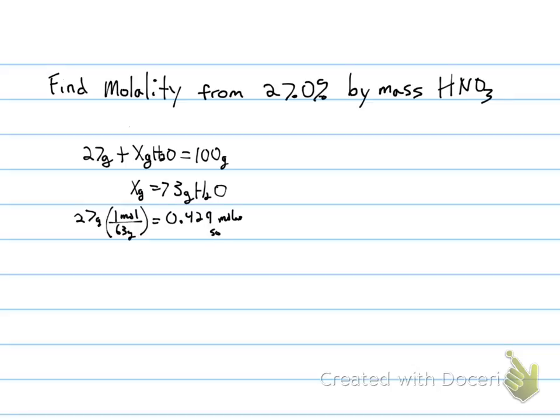This is the moles of the solute, what's going to be dissolved. If I look back, I have 73 grams of H2O. Well, that also equals 0.073 kilograms of H2O. Remember my equation for molality? It's the moles of the solute divided by the kilograms of the solvent.